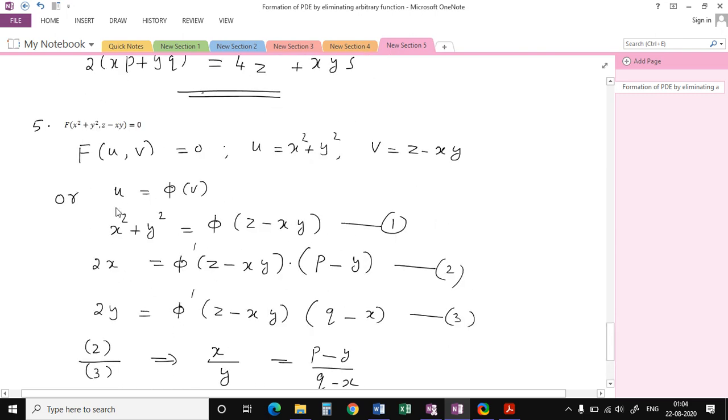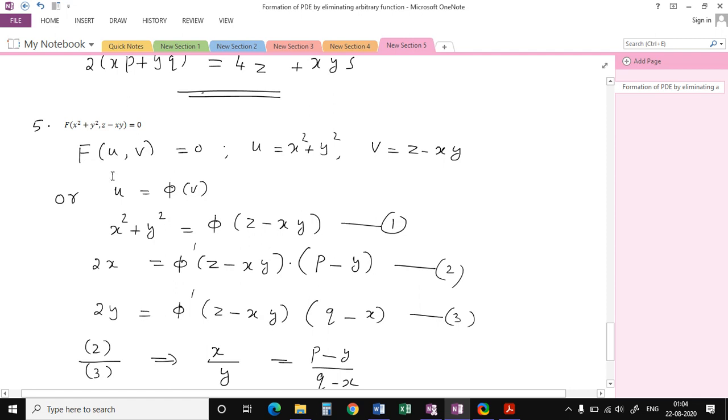So if the given question is of the form f of x square plus y square, z minus xy equal to 0, we will rewrite this function in this form. That is what you have to remember. Actually f of u, v equal to 0 means it contains only one arbitrary function, but of two variables.